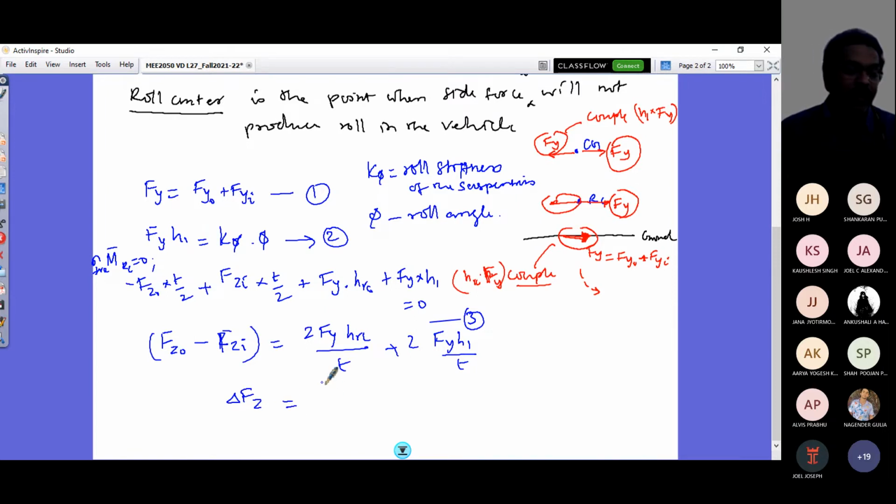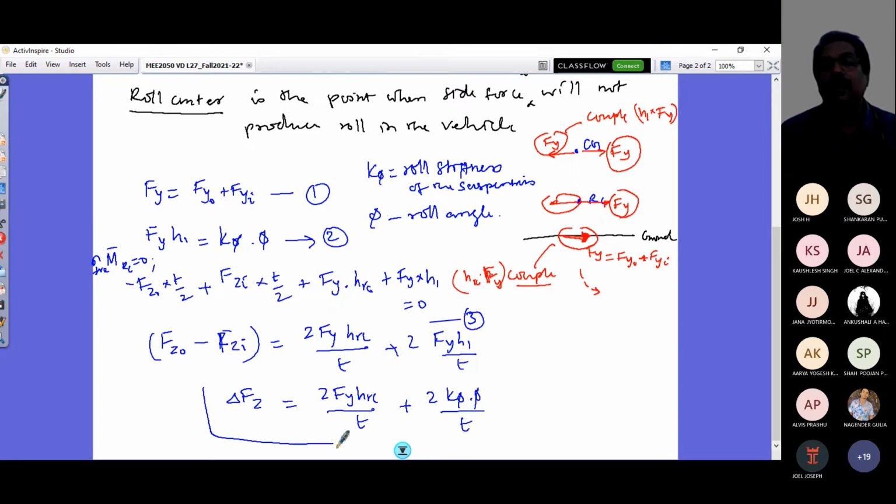And here I have the first term is 2 Fy h_RC by T. And the second term, I'm going to replace this Fy h1 by equation 2. So that's going to be 2 K_phi into phi by T. And this is my fourth equation.